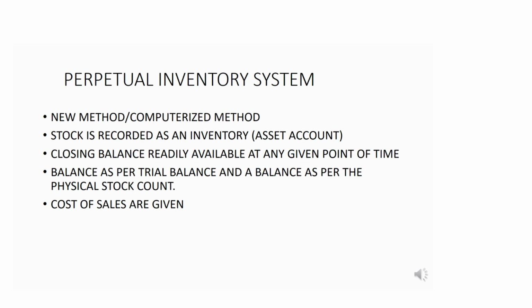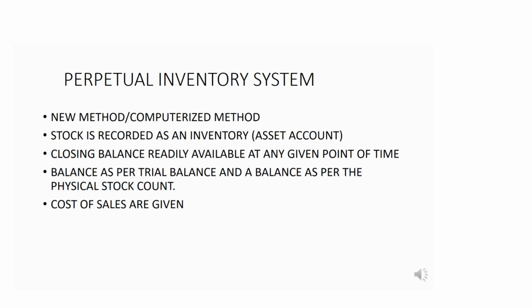Because it might happen that we say we have 70,000 of trading stock or inventory in our warehouse, not knowing that 5,000 of these goods have been stolen or damaged, meaning that we are even taking into account the value of stock that cannot be sold because of its poor condition. So that is the difference between a balance as per trial balance and a balance as per physical stock count.